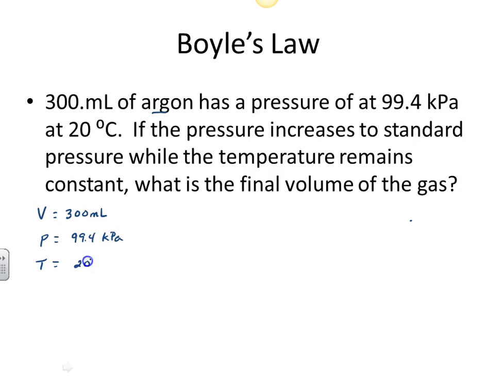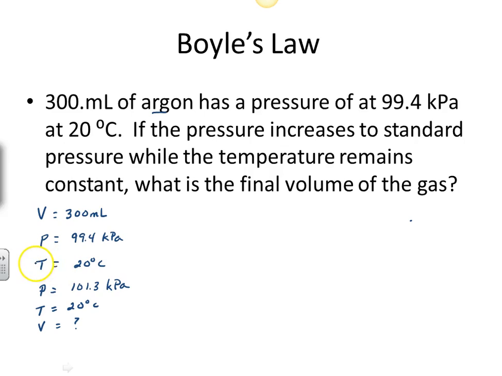Temperature equals 20 degrees Celsius. If the pressure is increased to standard pressure in kilopascals, which is 101.3 kPa. That was given in a previous video. Temperature remains constant, and we want to know what is the final volume.